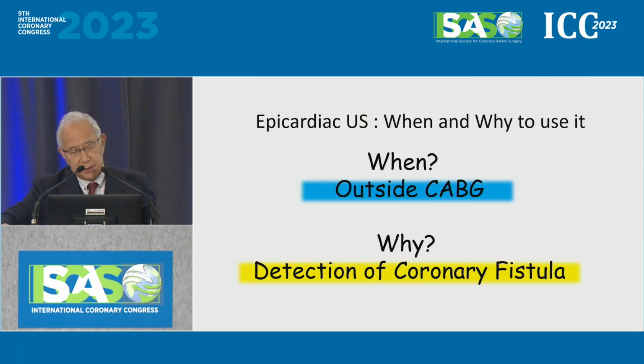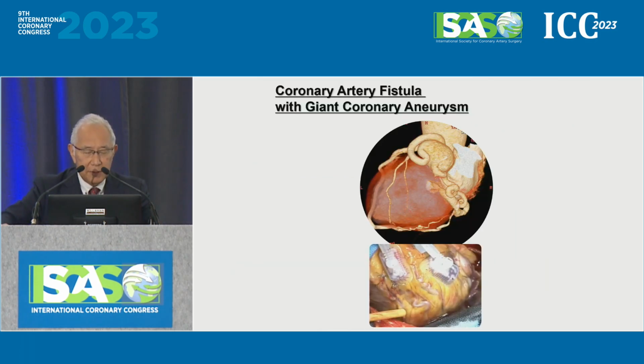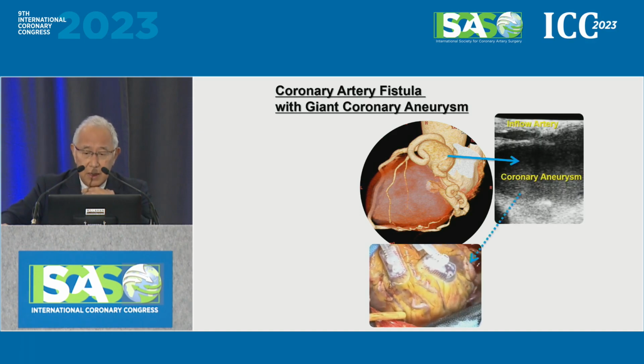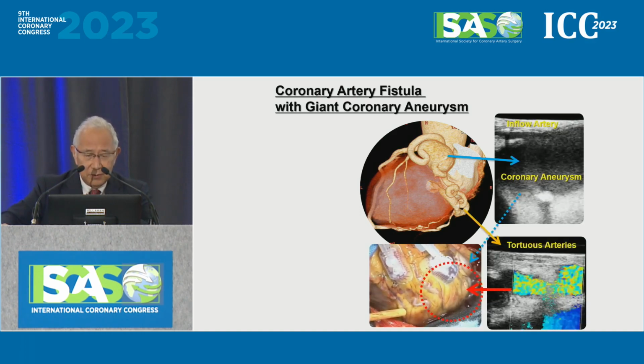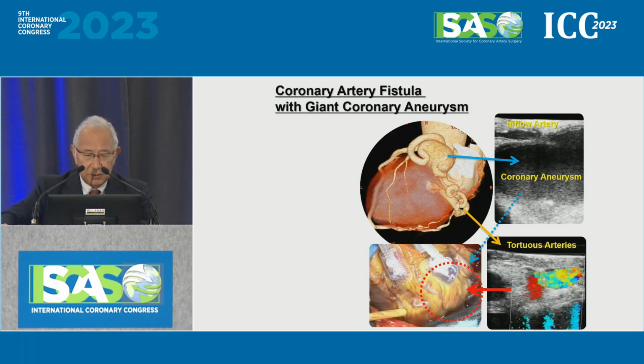Outside CABG, sometimes there is detection of a coronary fistula. This is a very typical, interesting case of a giant coronary aneurysm and coronary artery fistula. I have to ligate the coronary fistula into the left ventricle.